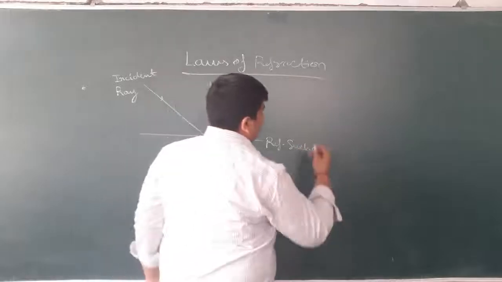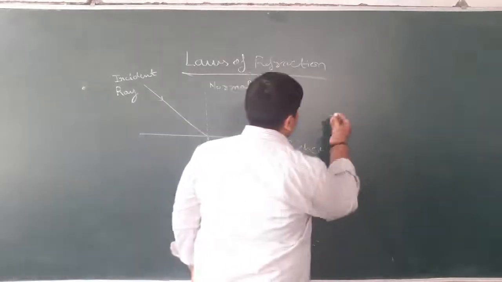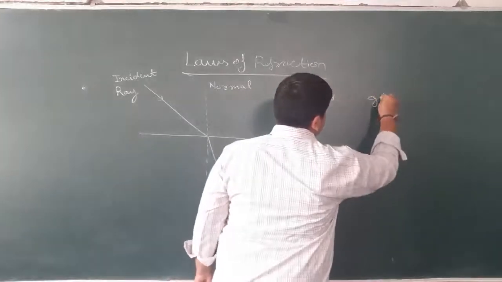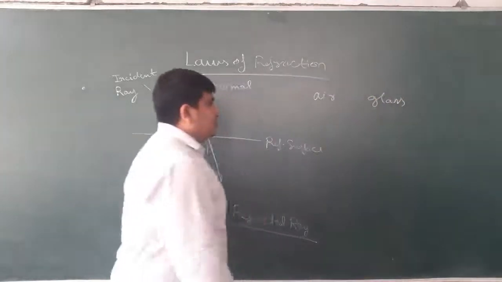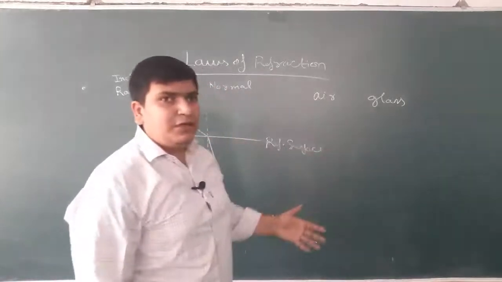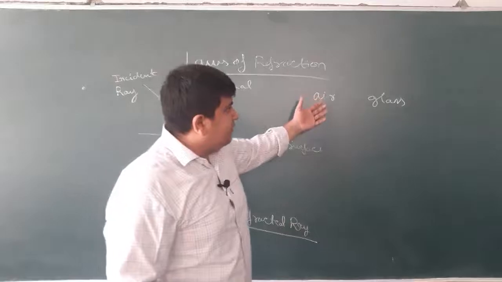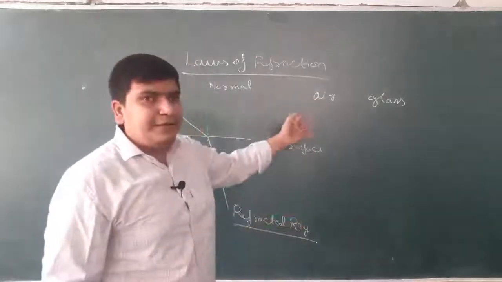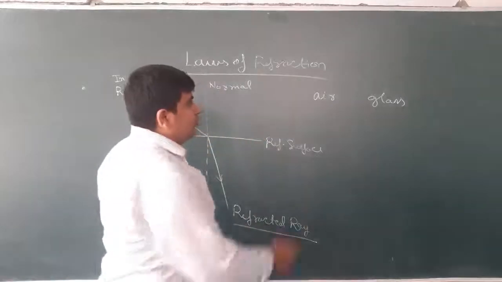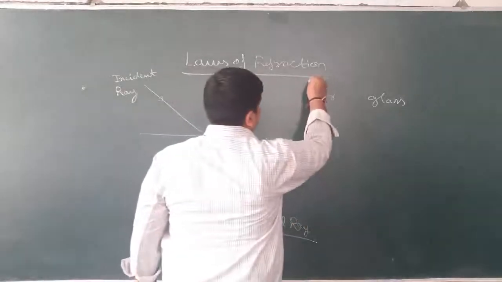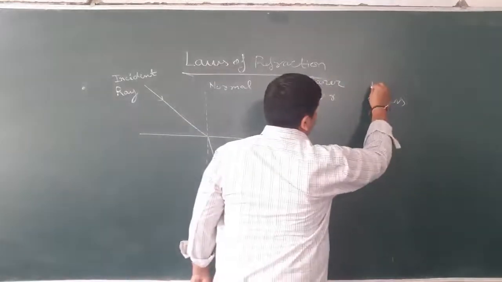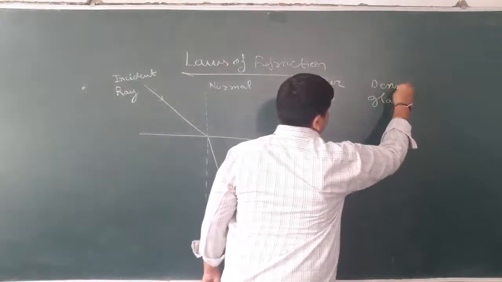For example, suppose we take air and glass. With respect to glass, air has low density, because the intermolecular spacing in air is quite greater than in glass. So air could be termed as the rarer medium, while glass can be termed as the denser medium.